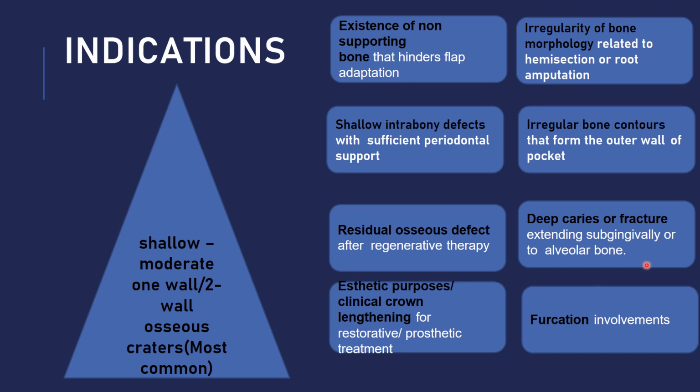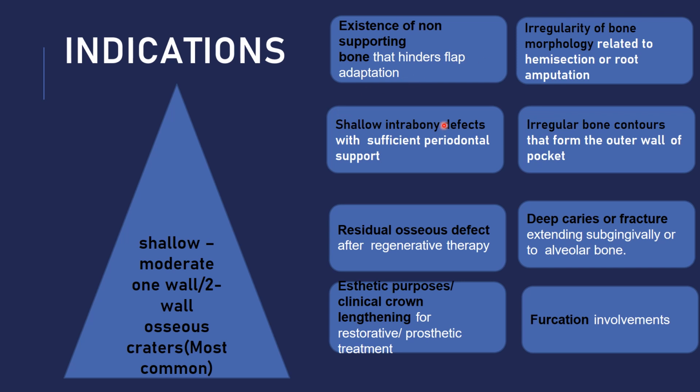Other than that, it can be used for non-supporting bone that is hindering flap adaptation. Then irregularity of bony morphology, in case of hemisection or root amputation, where you can remove bone. Any irregularity of bone morphology occurring afterwards can be removed.